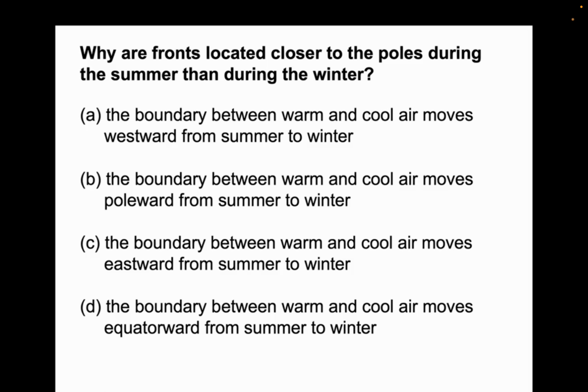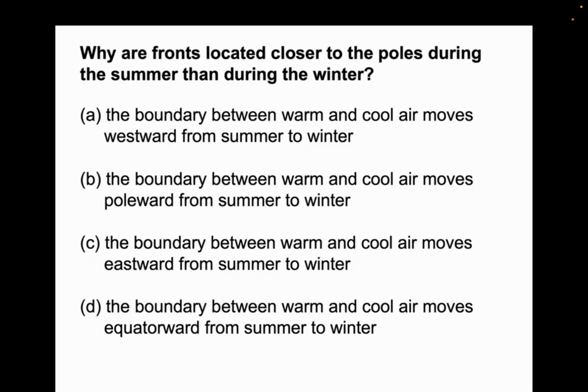So if I ask you why fronts are located closer to the poles during the summer season than during the winter season, remember, whether we're talking about fronts or the jet streams, there is a constant change in direction and position across the seasons, right?